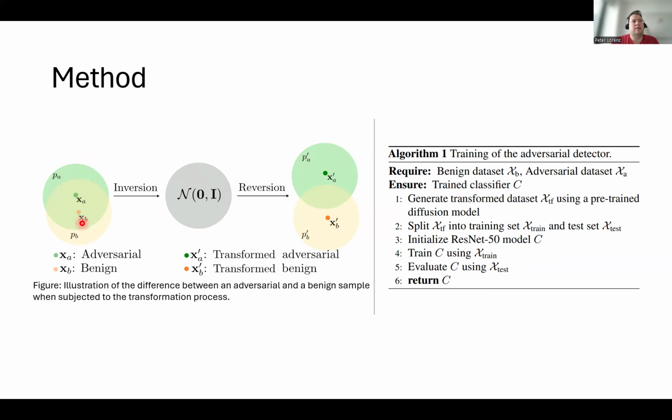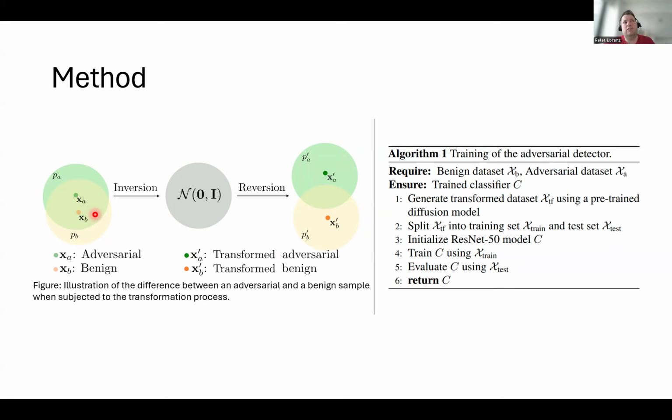One is the adversarial and the other one is the benign distribution. Here we just show two data points, and XA is the attack counterpart of XB, and you see there's a bit of difference because of the minimal perturbations of the adversarial examples.